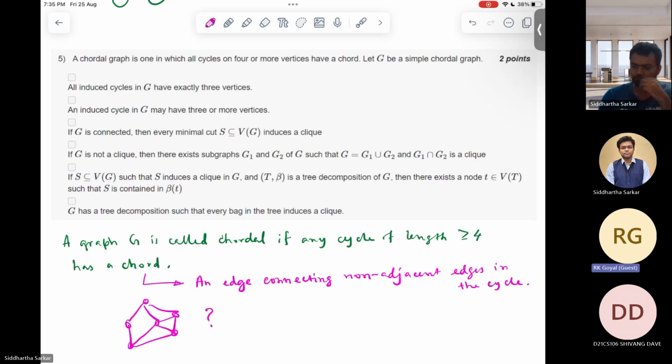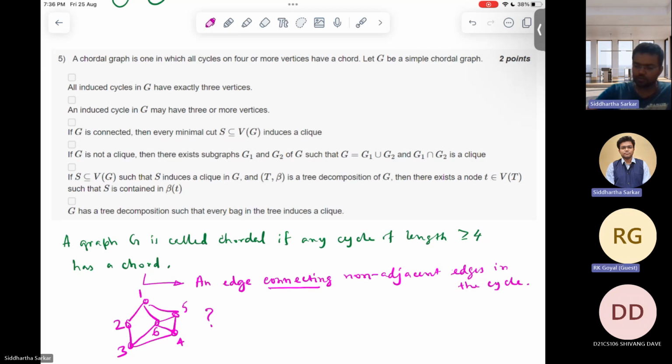And a chord in the sense that we should find an edge connecting non-adjacent vertices in the cycle. No. I mean, this chord part is not clear. What constitutes a chord? Okay, a single edge, correct.